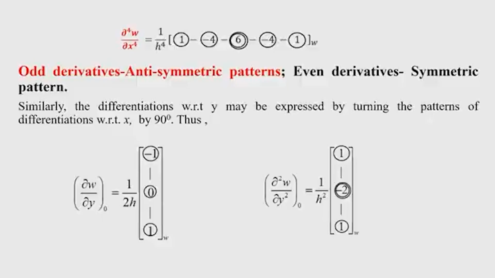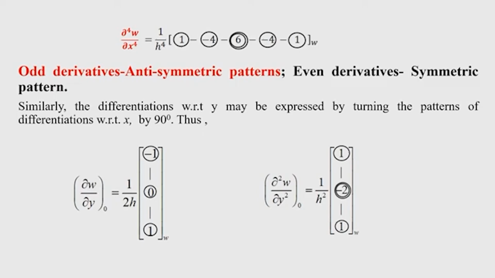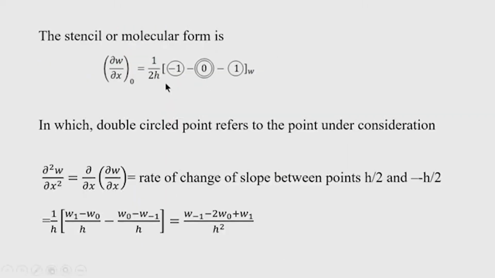Towards the right and towards the left the same coefficients appear, because it is an even order derivative, so the quantities are symmetric. So, you are getting minus 4 and 1 towards the right side, and towards the left side it is also minus 4 and 1. So, interestingly you will see that odd derivatives are antisymmetric and even derivatives are symmetric.